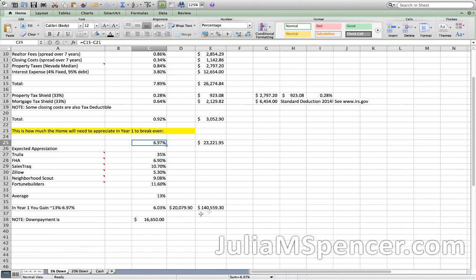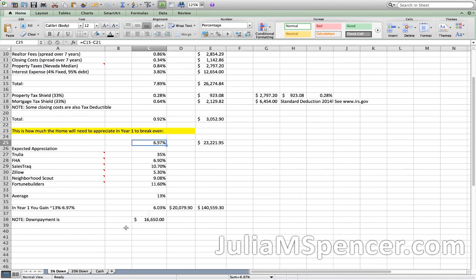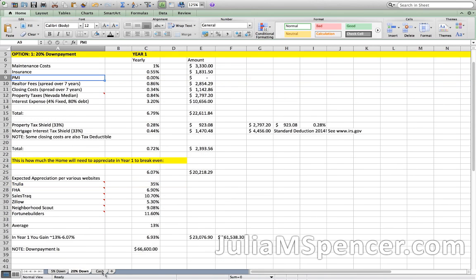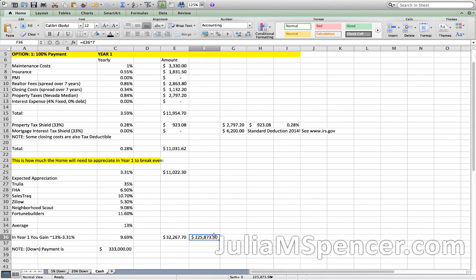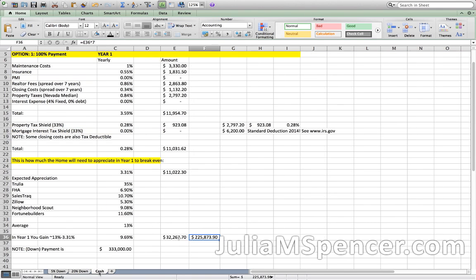And so we have 140, or your gain in this market, 140 at 5%, 160 at 20%, and 225 at 100%.